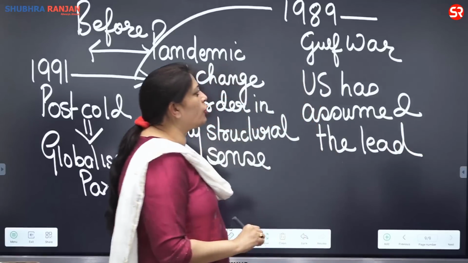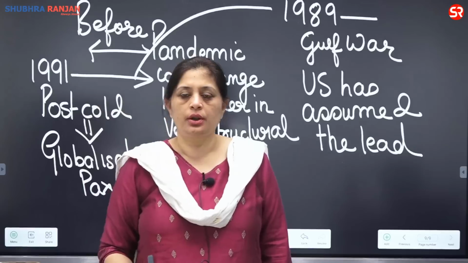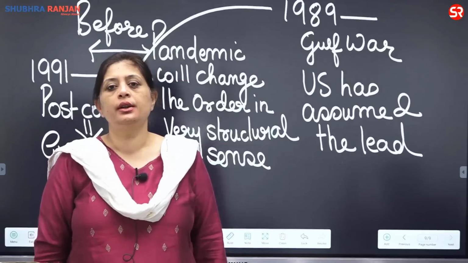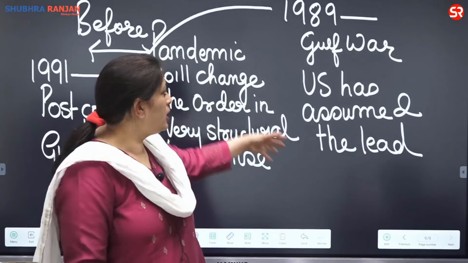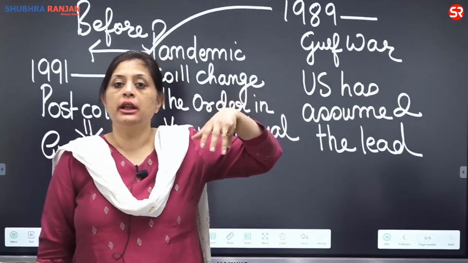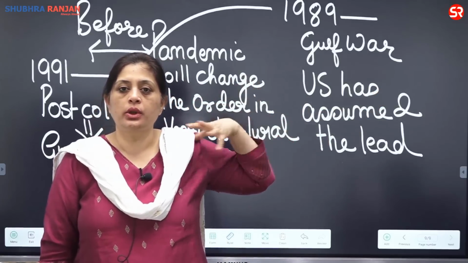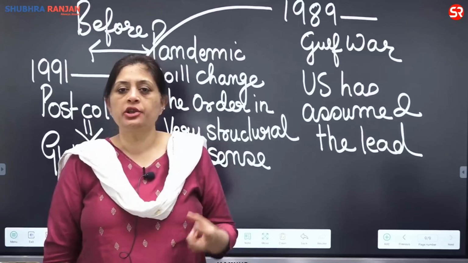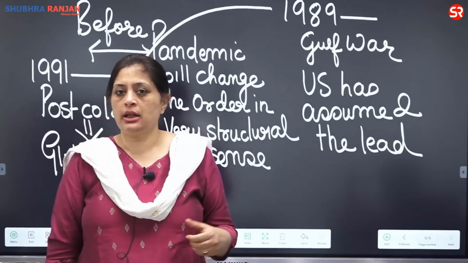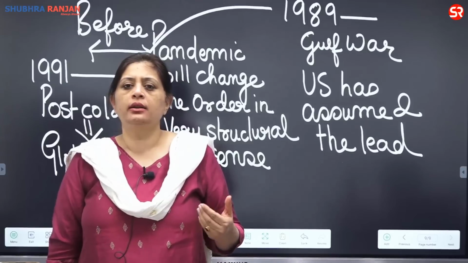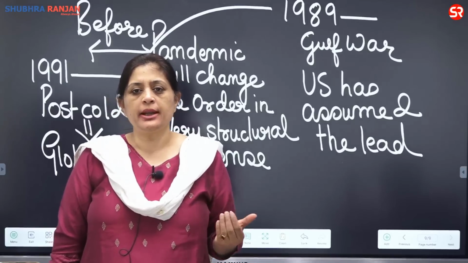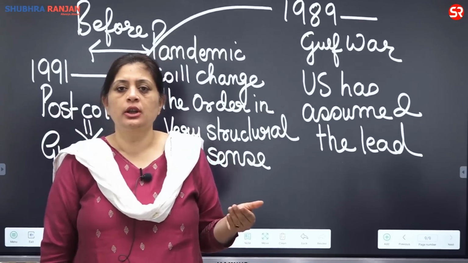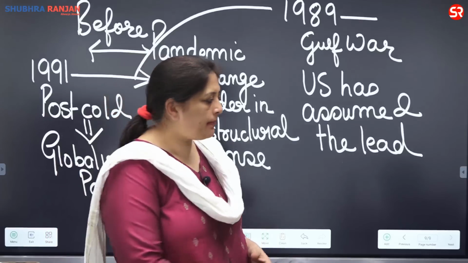More than 34 countries contributed their forces under US leadership to fight against Saddam Hussein. So from 1989-91 onwards, you can say the global world order and hegemony of the USA has been established. And whatever crisis happened, the US has been on the forefront of each and every crisis. Okay?